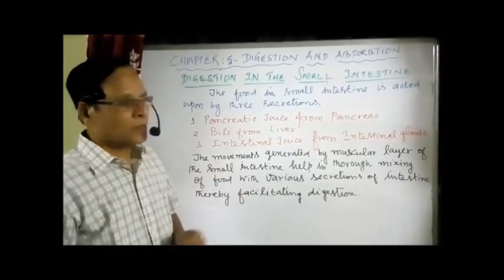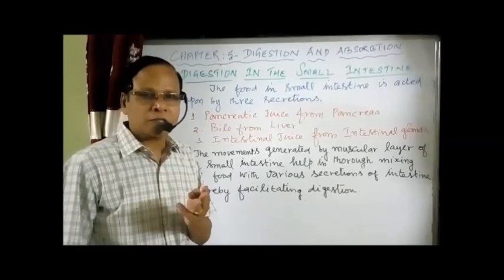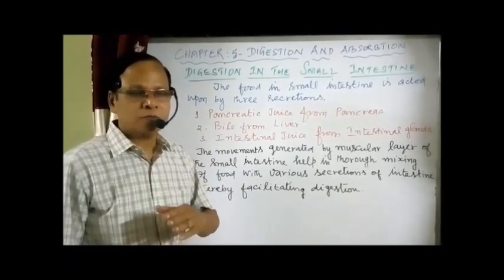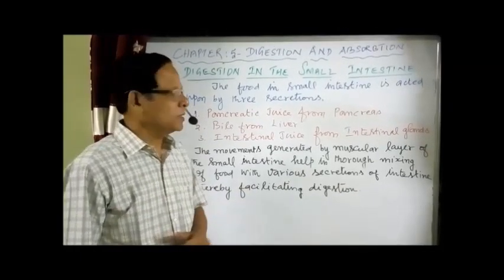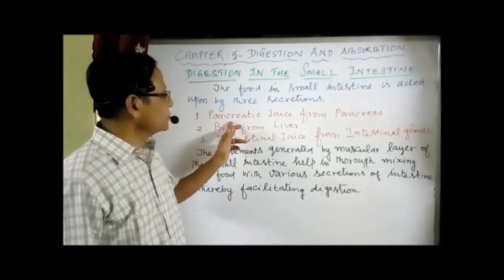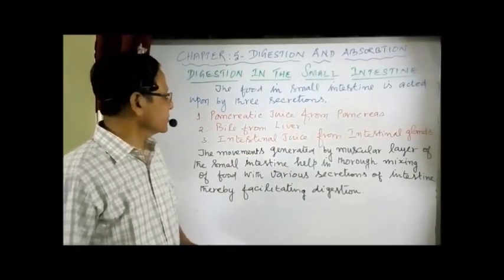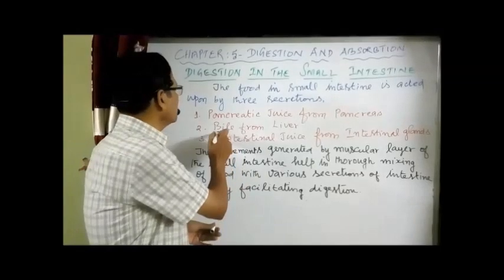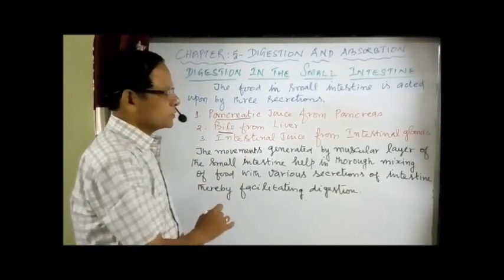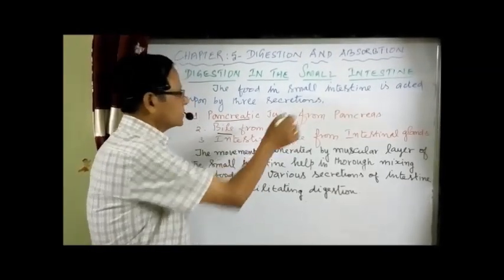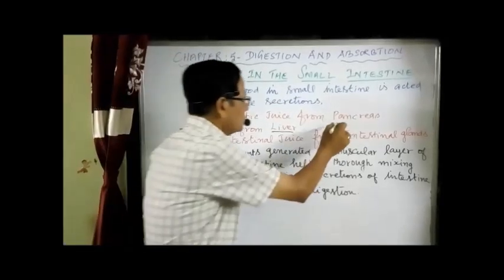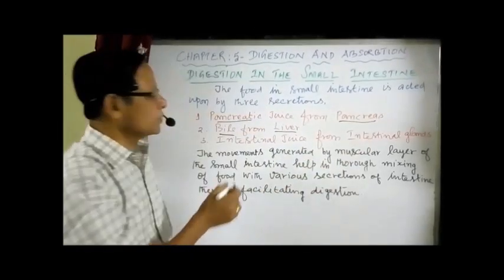Digestion in the small intestine refers to the digestion of food materials in the duodenum. In the duodenum, 3 different types of secretions are released from 3 different types of glands. Number 1, pancreatic juice from the pancreas. Number 2, bile from the liver.